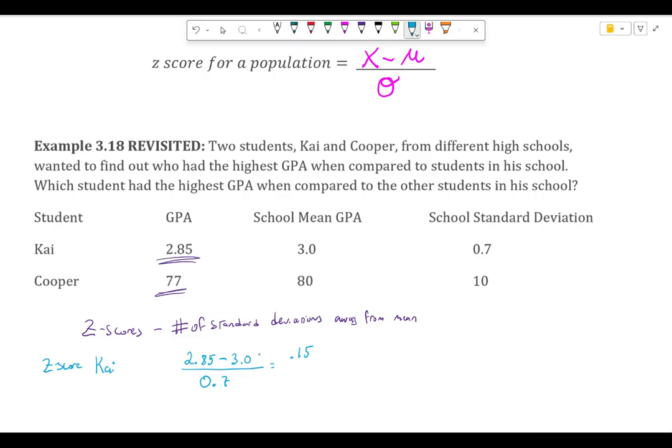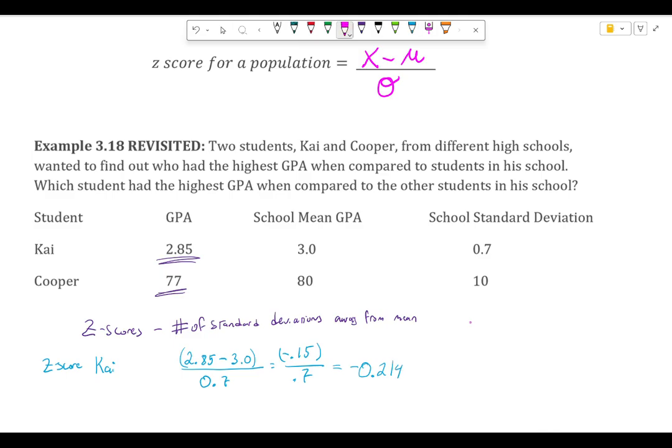Since we're doing the subtraction here, we want to make sure we do the subtraction in parentheses if you're using a calculator. 0.15 divided by 0.7 was a z-score of negative 0.214.